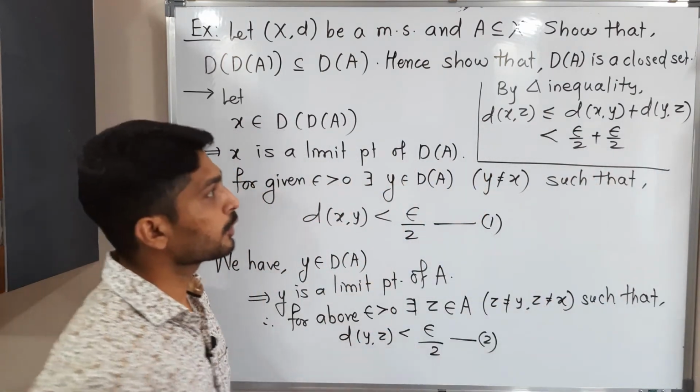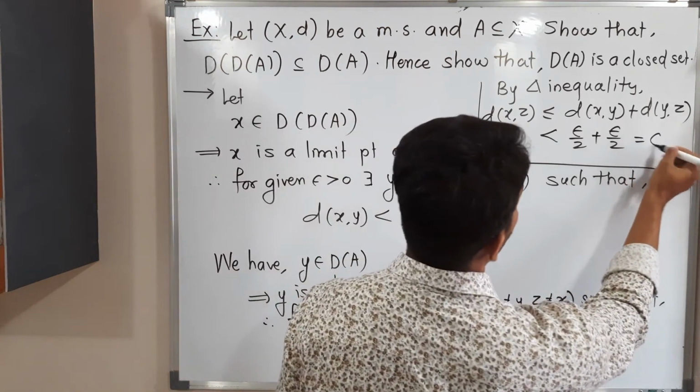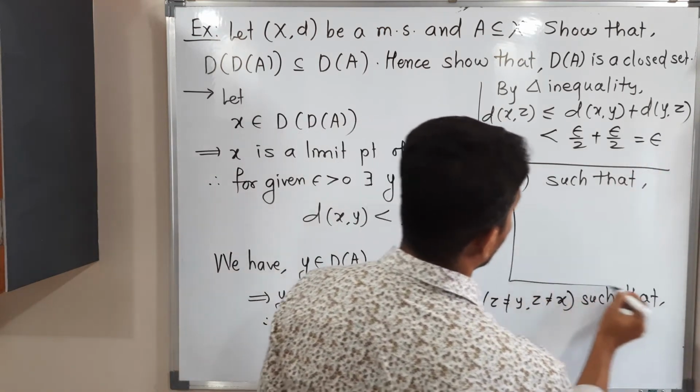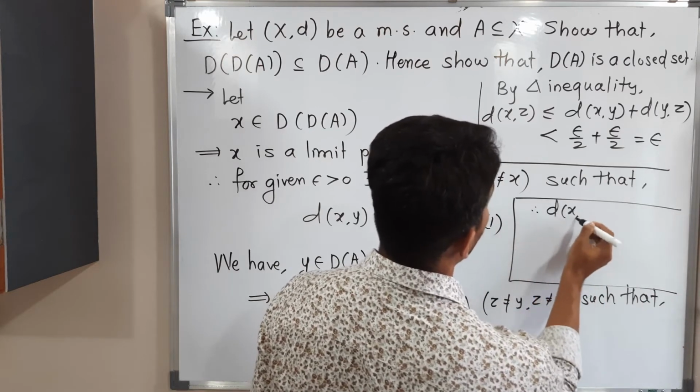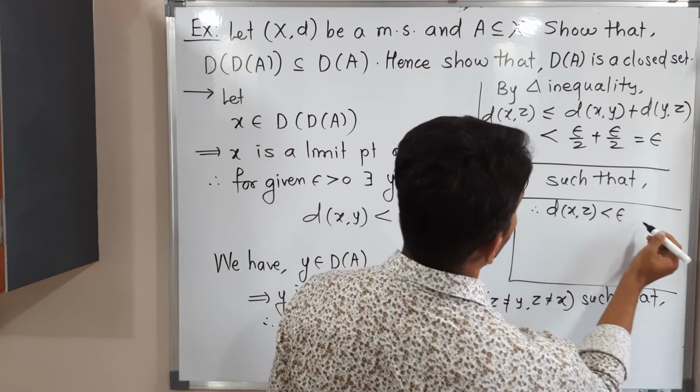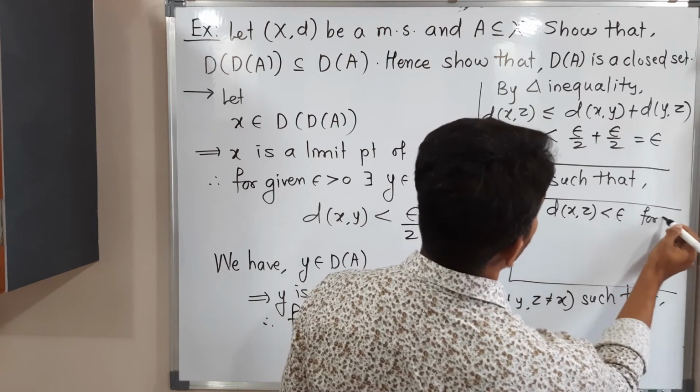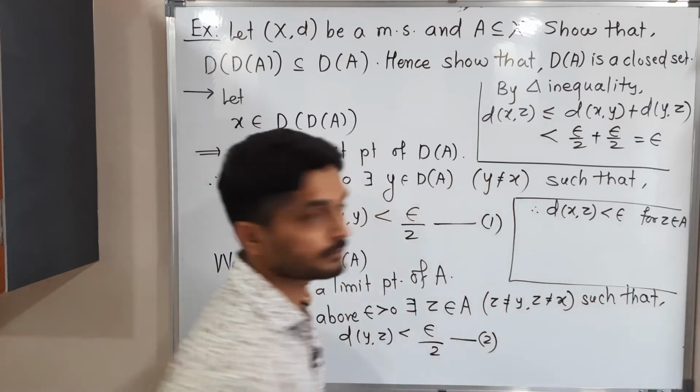Getting? So epsilon by 2 plus epsilon by 2 is epsilon. Therefore, d of x, z is less than epsilon for z belonging to A.